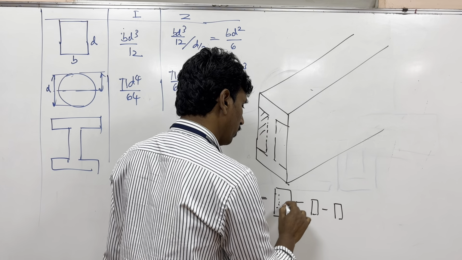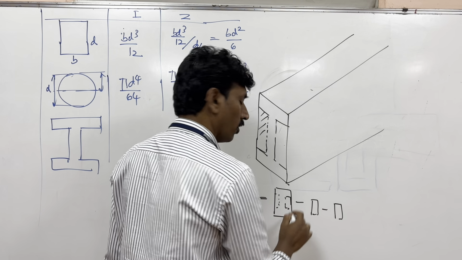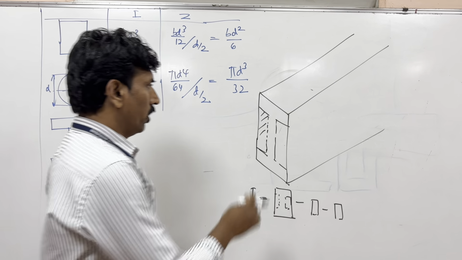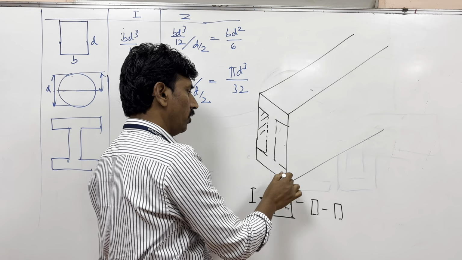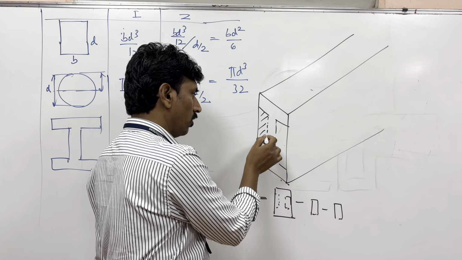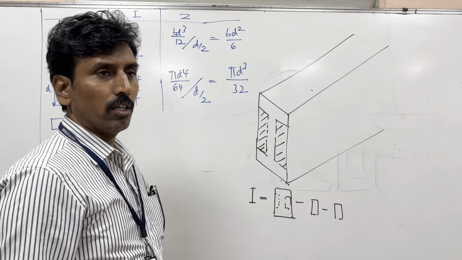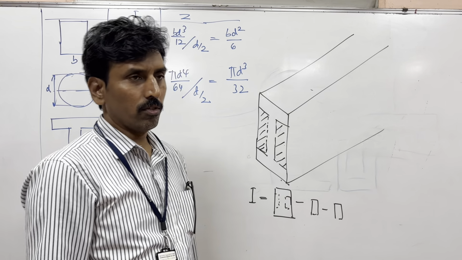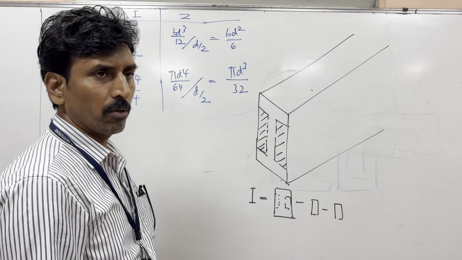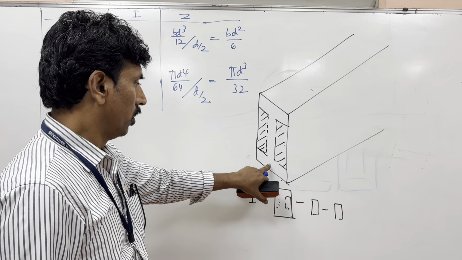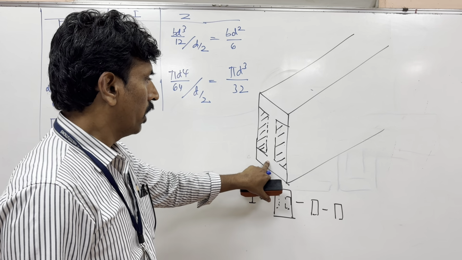Understood? Okay. So if you know the moment of inertia of this whole rectangle minus these two rectangles, that gives the resistive moment that these beams can build up.